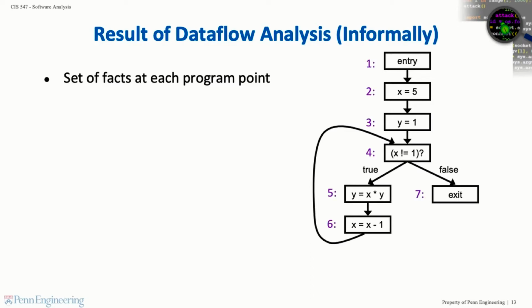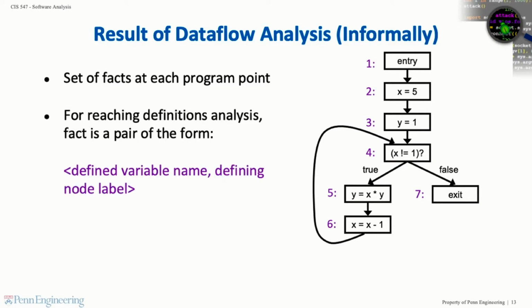To identify each program point uniquely, let's assign a distinct label to each node in the control flow graph. Here, I've labeled the nodes in this control flow graph from 1 through 7. Then, we can denote each reaching definition as a pair comprising the name of the defined variable along with the label of the node that defines it.